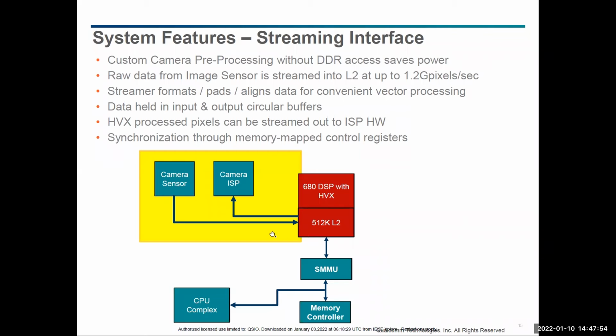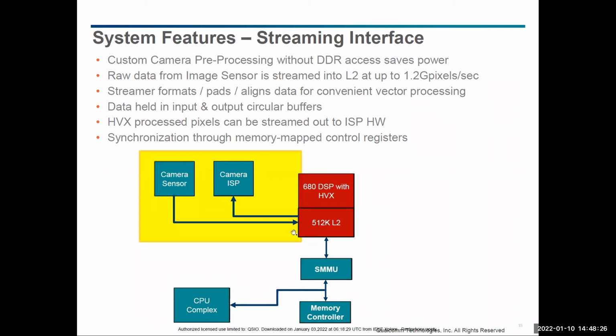And one more thing that happens is that the streamer is responsible for ensuring that the format is appropriate, padding is applied, the alignment, as I mentioned, that the memory allocated for the buffers that are transferring data to the L2 cache, they need to be aligned. Only then the processing will be optimal. So all the aligned loads or the aligned memory buffer allocation is ensured by the streamer hardware.